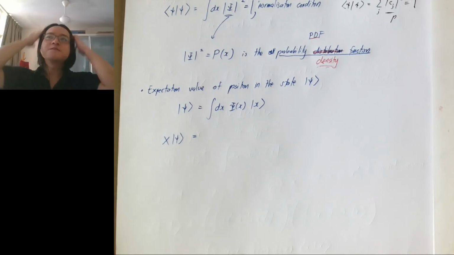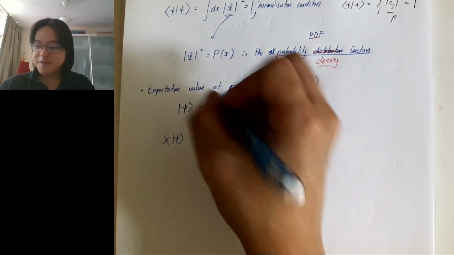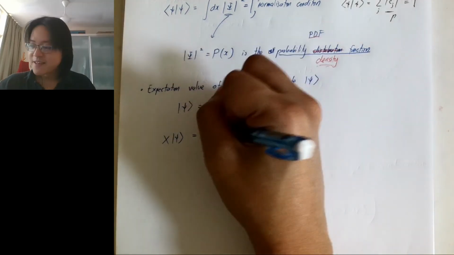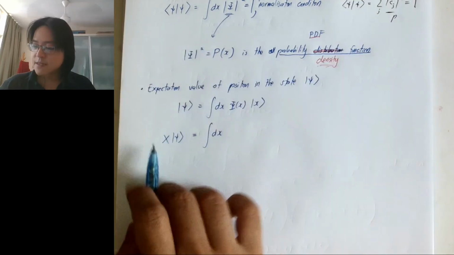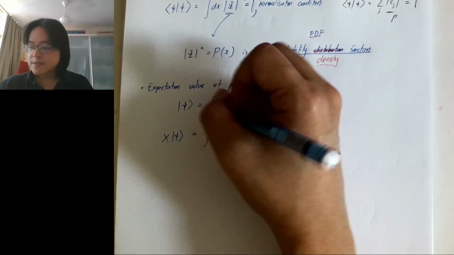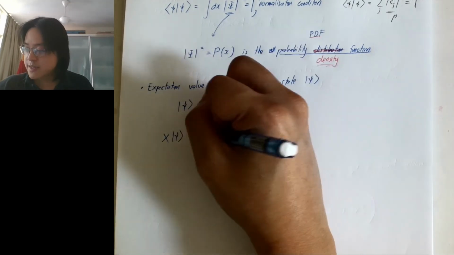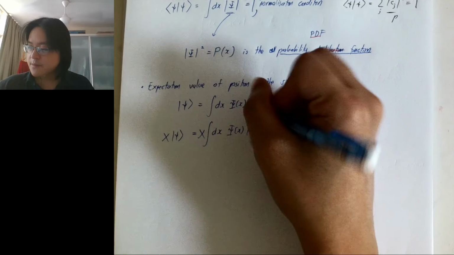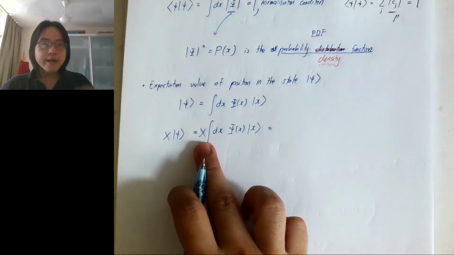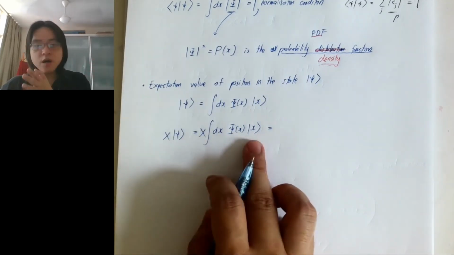So let me finish this first, and then we can let you present. Hang on. So we got the integral over dx. The x operating on this is the x operating on all this thing here. So the operator is operating on the ket.